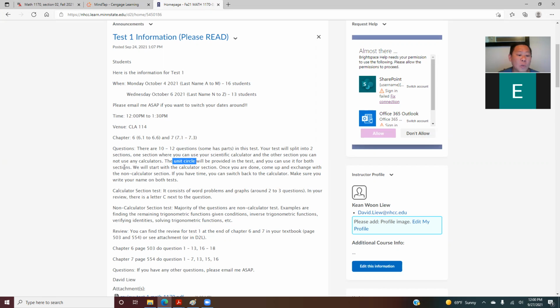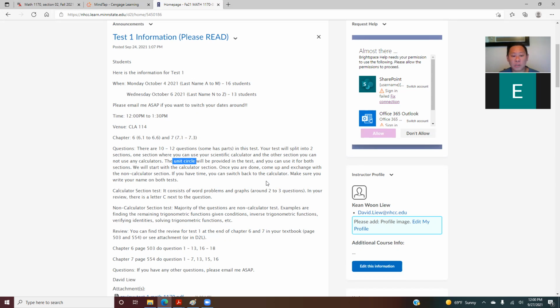We start with the calculator section first. Once you are done with the calculator section, you come up to the front desk and exchange it for part B, your non-calculator section test. If you have time at the end of the test, you can always switch back to the calculator part.